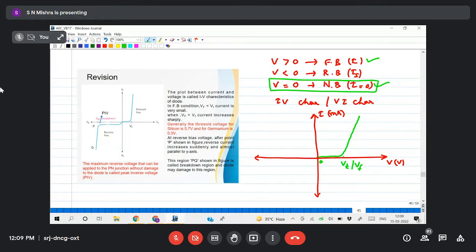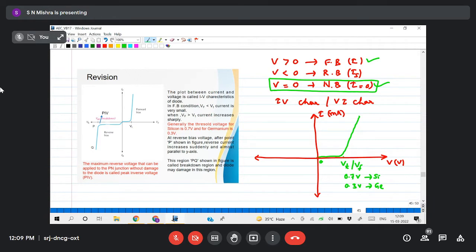So you can consider that as Vt or threshold voltage. This is 0.7 volt for silicon and 0.3 volt for germanium diode. Up to this clear? Yes, sir.